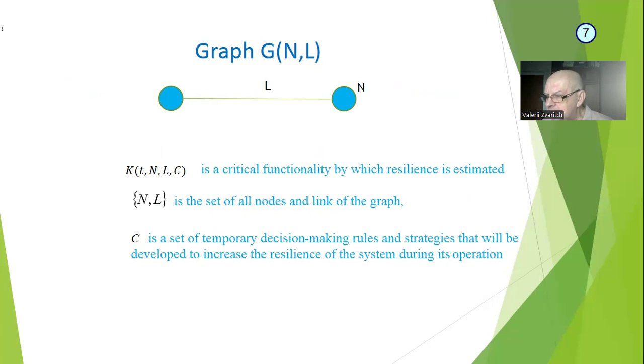According to the definition of the United States National Academy of Sciences, the structure, as a model of the object of study, is modeled as a graph G of N and L, where N is the number of nodes connected by links L. The specification of N and L includes characteristics related to resilience, such as capacity, location, and the impact of each node and connection line on the functioning of the object under research.